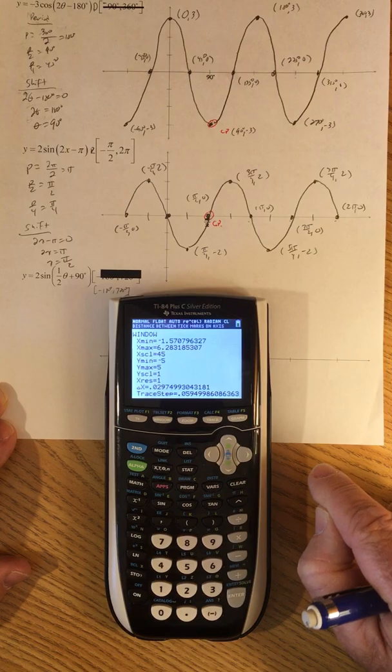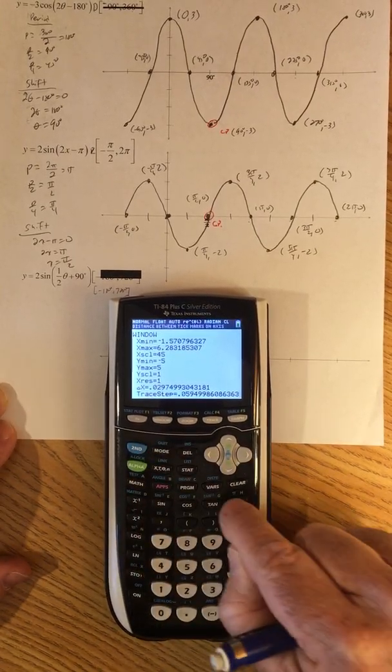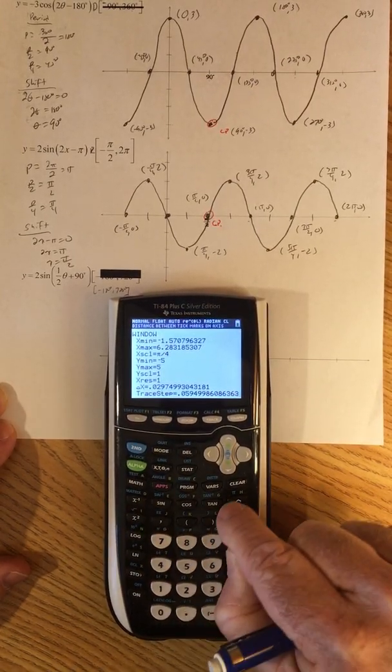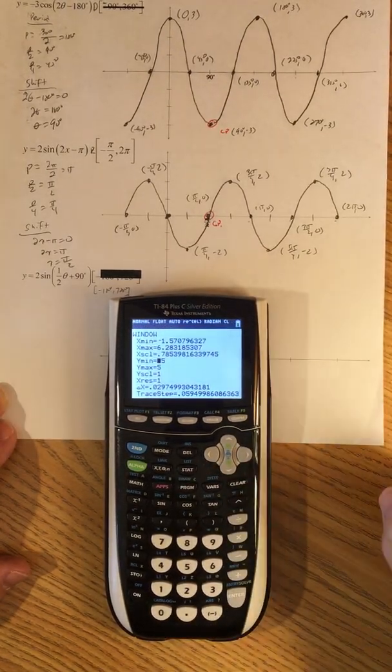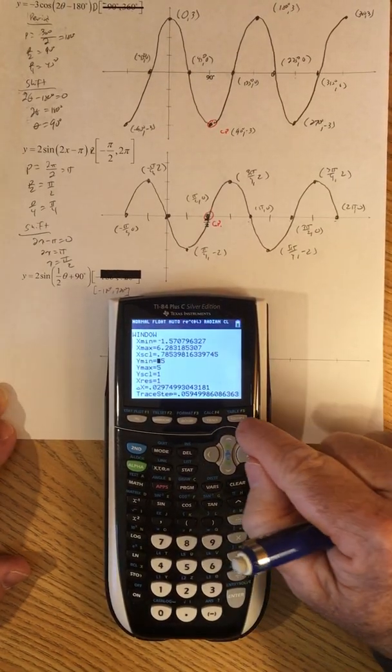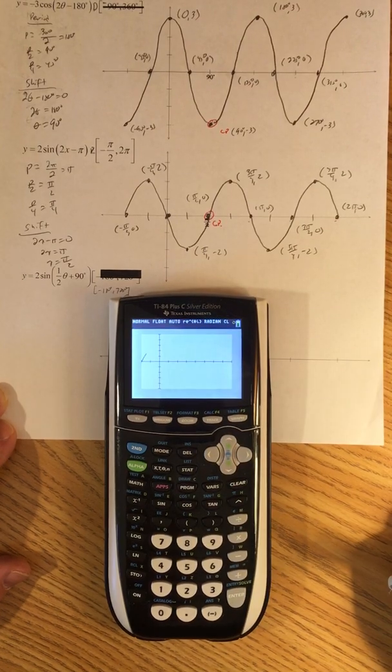Tick marks, pi over 4. Now remember, when you put these numbers in, they're going to go to decimals as soon as you move it. Negative 5 to 5 is fine. Okay, everything looks good here too.